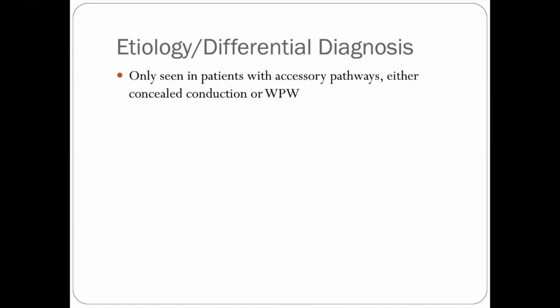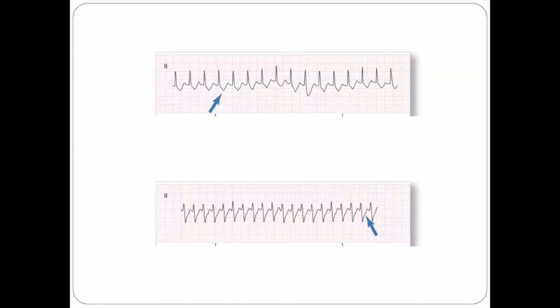So we don't actually see any of the normal delta waves or anything that is associated with an accessory bypass tract. So the way that we determine that they have this accessory bypass tract in the first place is when they get into one of these AVRTs. So here, in the first cartoon up at the top, you see that you have the P wave down here towards the nadir of what is going from the S into the T, so the ST segment.